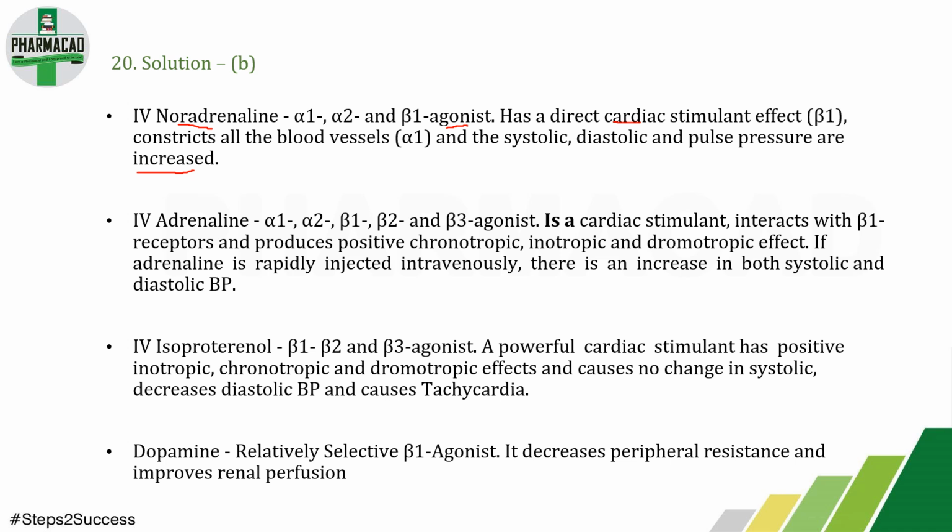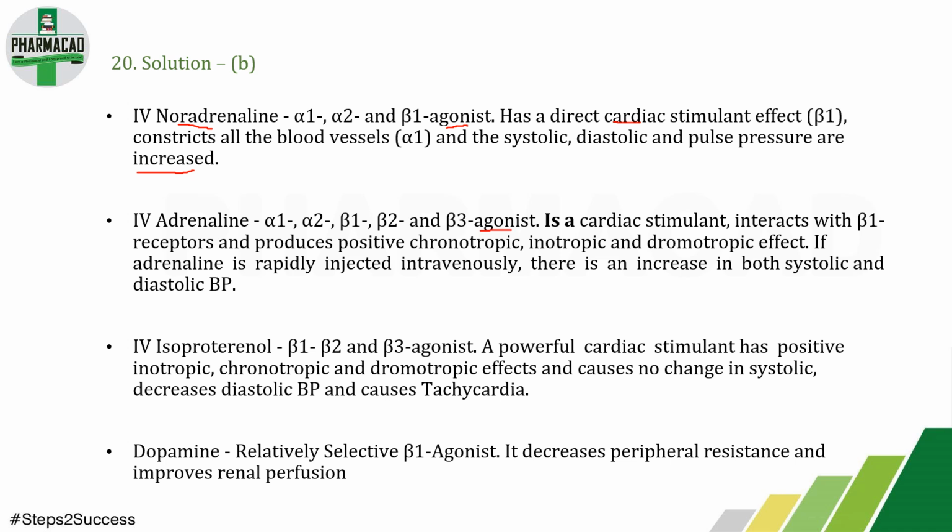Okay, then let's talk about adrenaline. So adrenaline, what does it do? It will act on the alpha 1, alpha 2, beta 1, beta 2 and beta 3 receptors. So remember, adrenaline is the prototypic drug in case of the adrenergic mimetics.